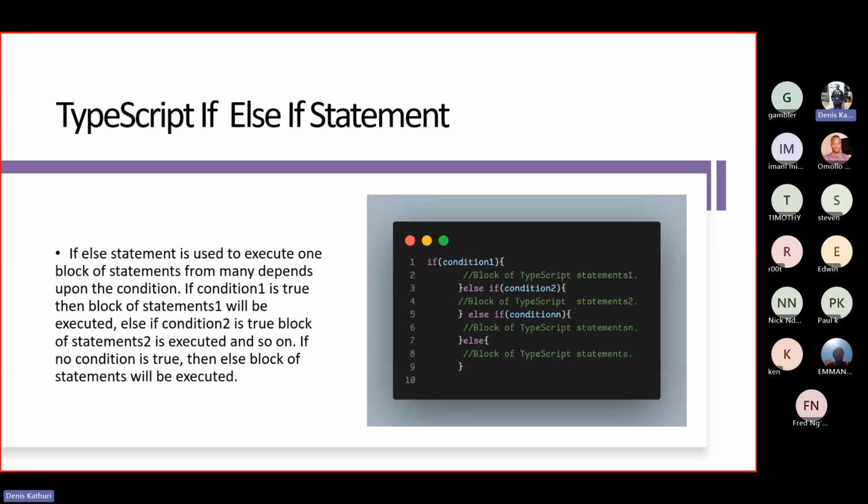So the if else if statement is suitable for this scenario. The syntax is: you have the if keyword, then condition 1, you execute this. Then you use else if condition 2 is met, you execute this, and you go on and on until you reach the end of your statement, which is the else part.